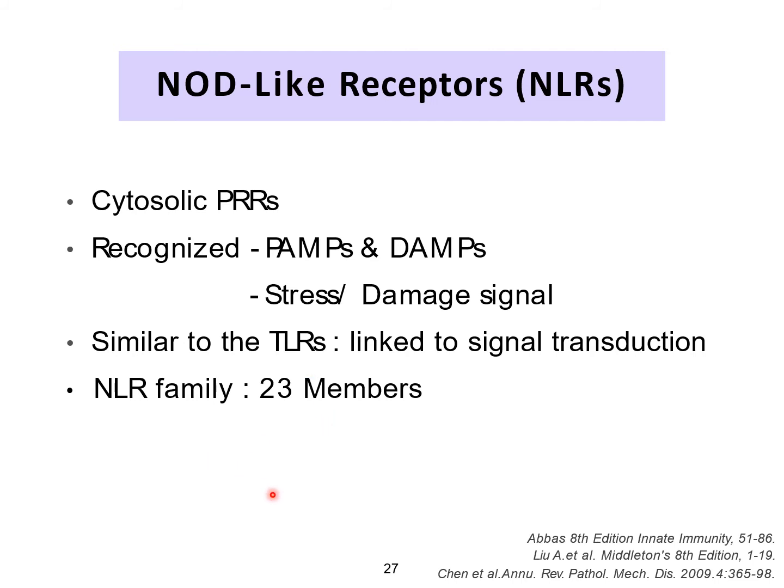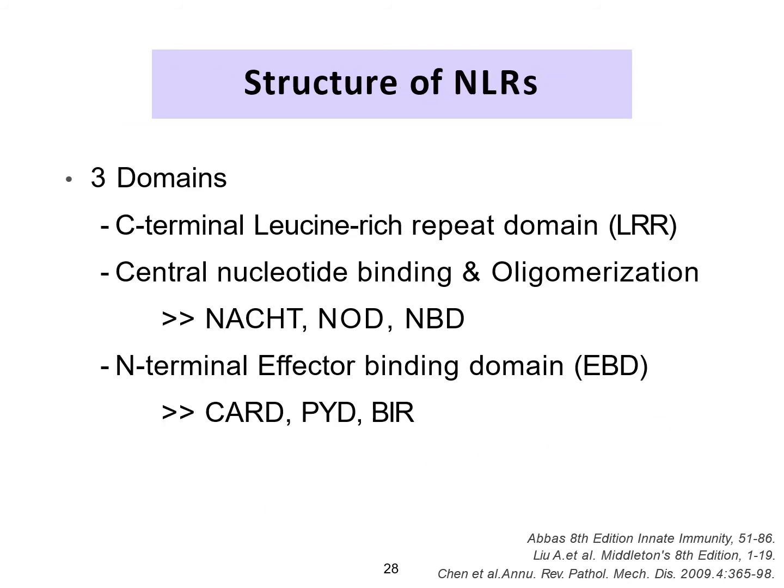There are 23 members of NLRs. If we see the structure, there are three domains: C-terminal leucine-rich repeat, central nucleotide binding and oligomerization, and N-terminal effector binding domain.